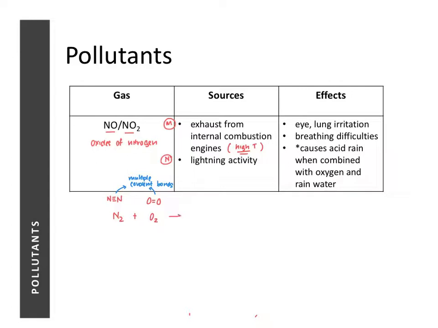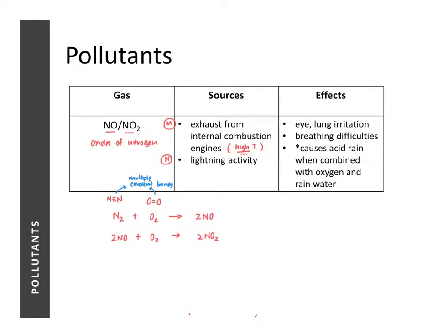Under the high temperatures, nitrogen and oxygen only then can react to form nitrogen monoxide. After forming, nitrogen monoxide will react with some more oxygen to form nitrogen dioxide.